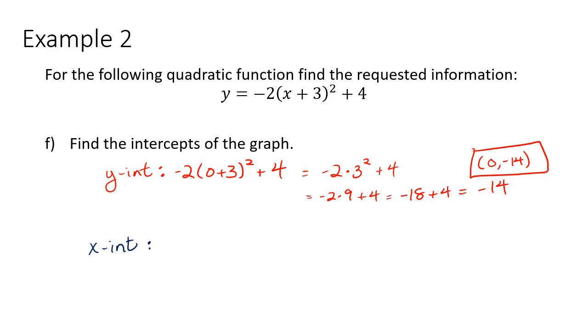For the x-intercepts, we're going to plug in 0 for y on the other side of the equation. All right, so again, my goal is to get the parentheses squared by itself. So I'm going to start by subtracting the 4 across to the other side.